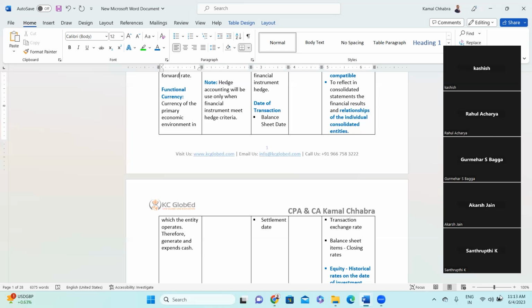Like if a company is based in Canada, their functional currency is CAD, Canadian dollar. Even if they have some trade dealing in USD, they will still treat CAD as their functional currency.